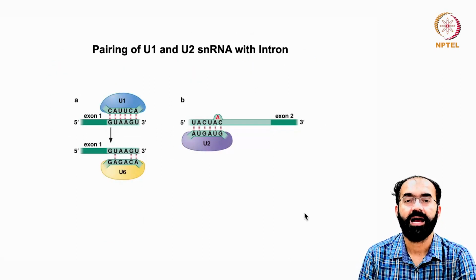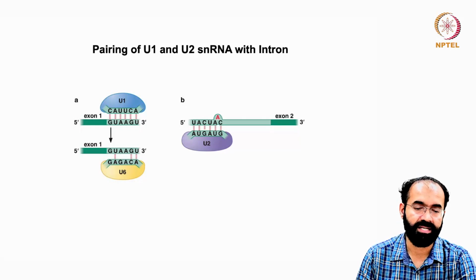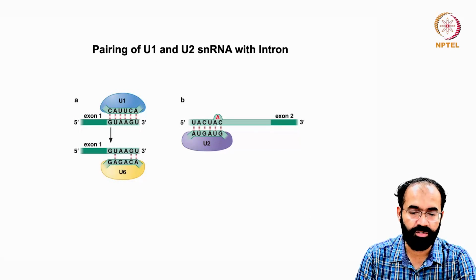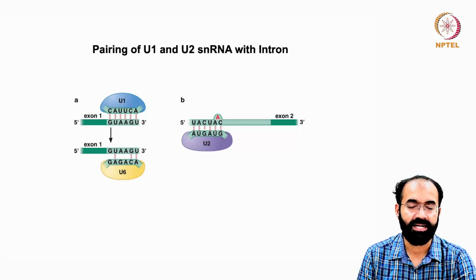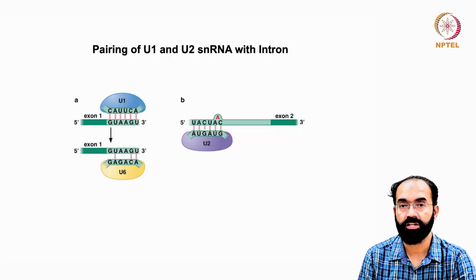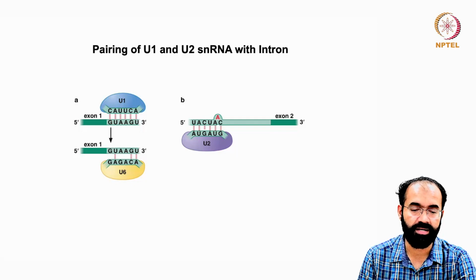Now let us see how the pairing is taking place: how U1 and U2 snRNA assemble on the intron. We know by now that U1 is the first one to join the complex, and it binds to the exon-intron boundary simply by sequence pairing.